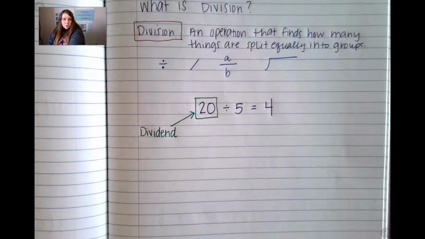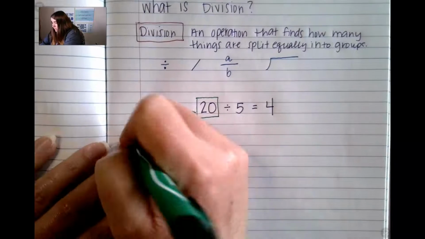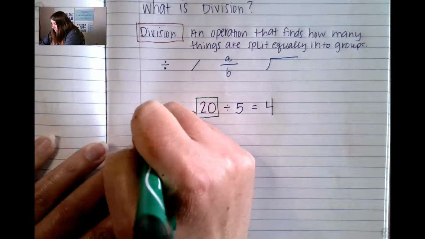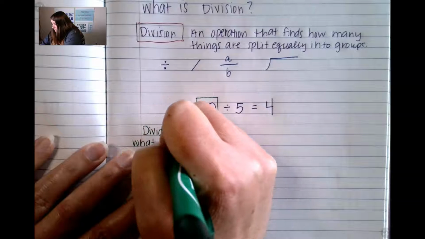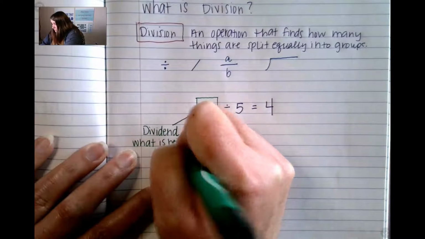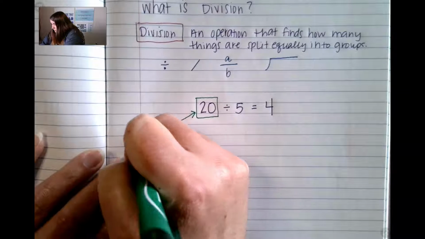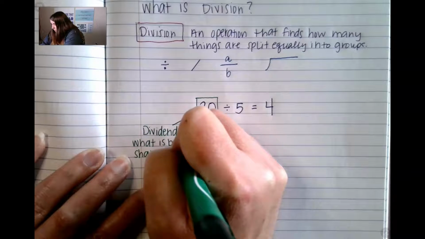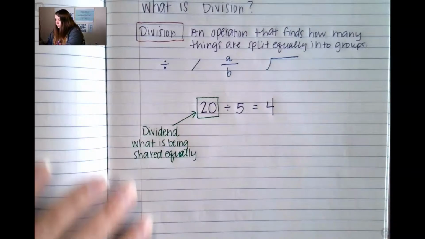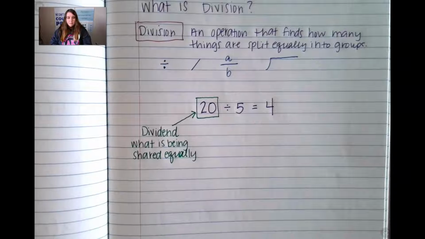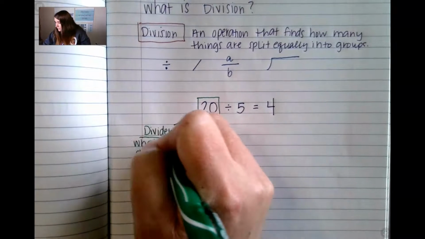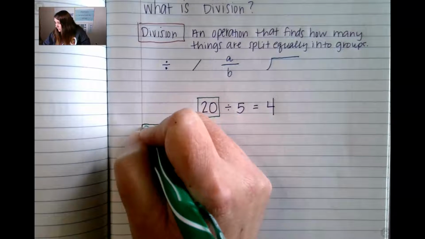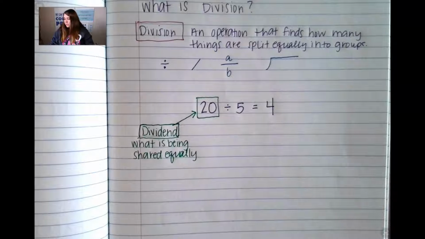So this is what we're sharing or splitting equally. That's one word, the dividend. It's what's being shared equally.